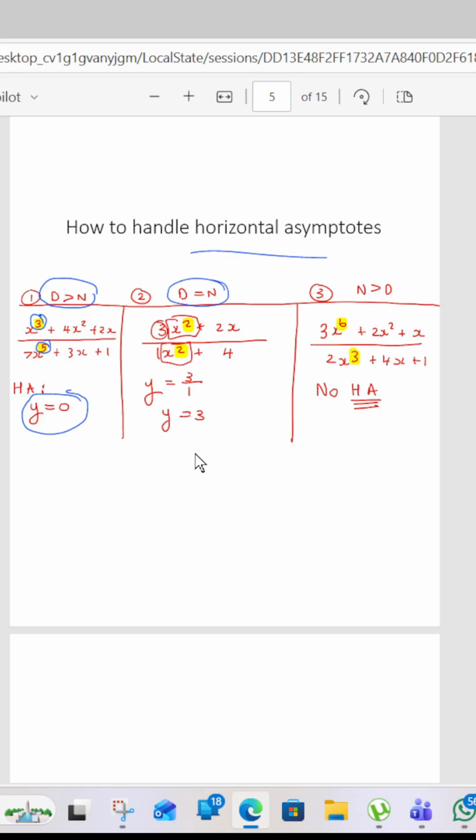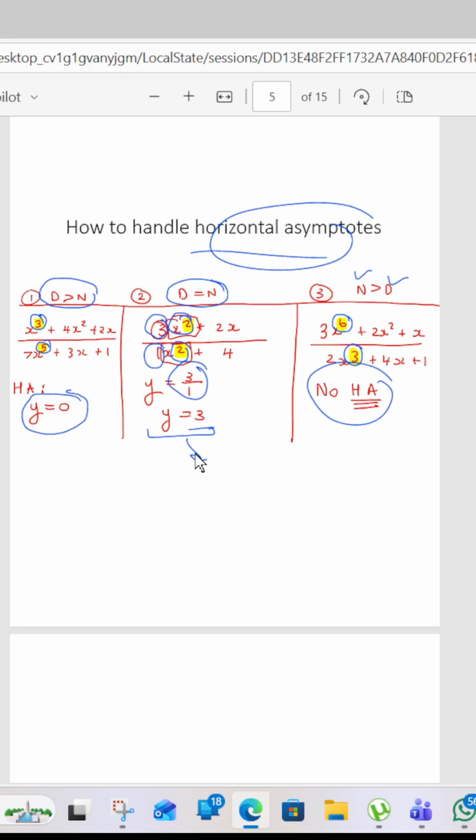If they both are equal, like here, both powers are 2 and 2, let's check the coefficients. The coefficient of the numerator is 3 and the denominator is 1. So we divide them, 3 over 1, which is 3. So y equals 3 is going to be my horizontal asymptote. If the numerator is greater than the denominator, like here, the numerator is 6 and the denominator is 3, then there won't be any horizontal asymptote.